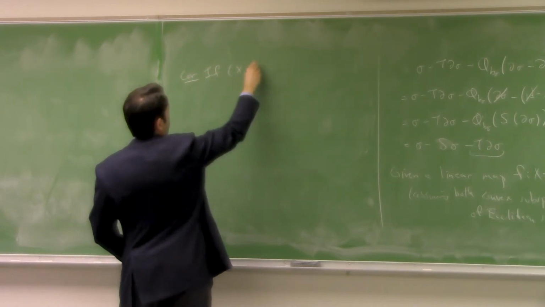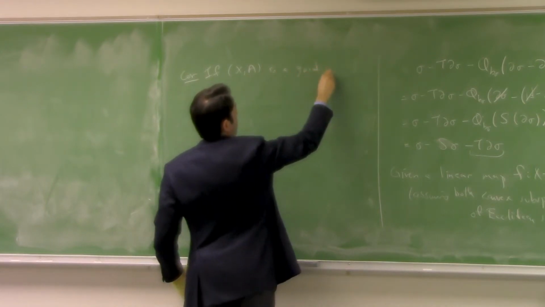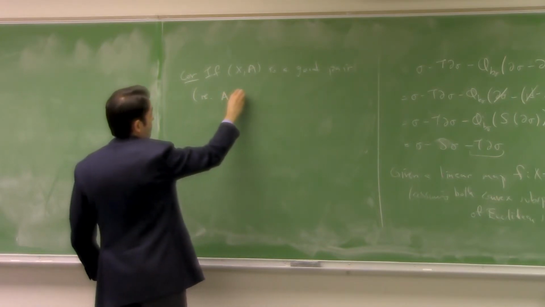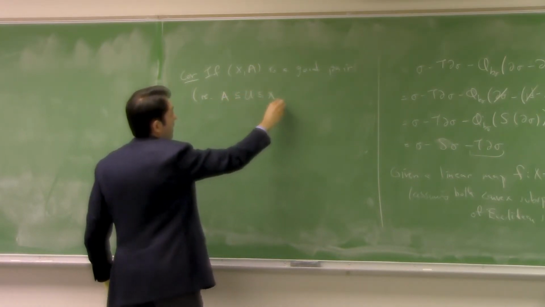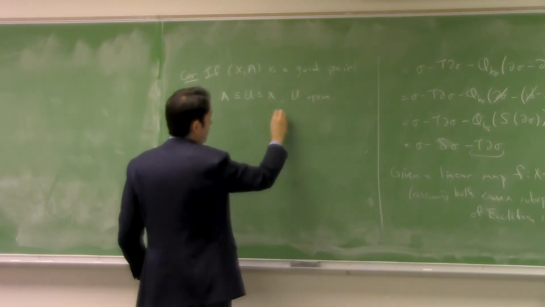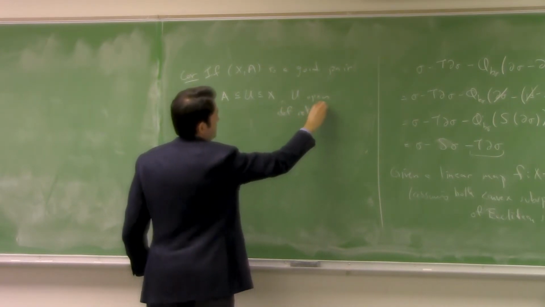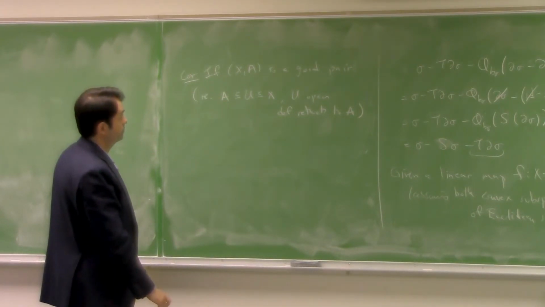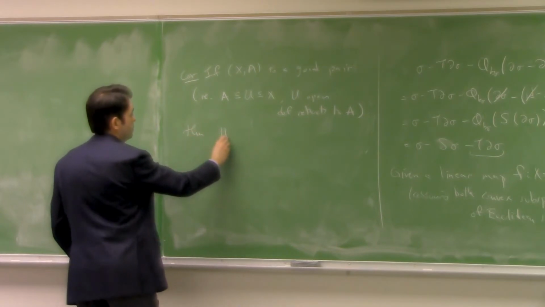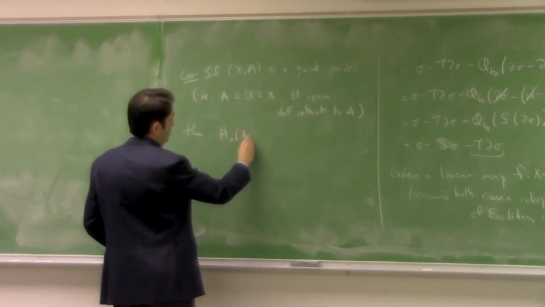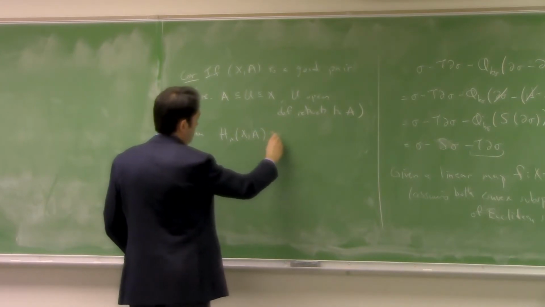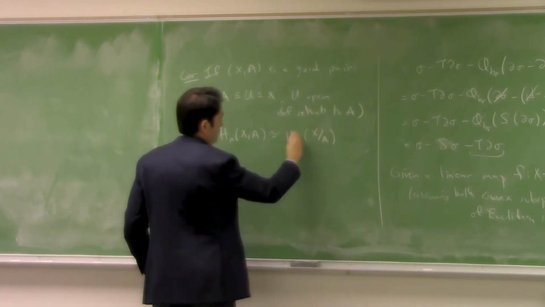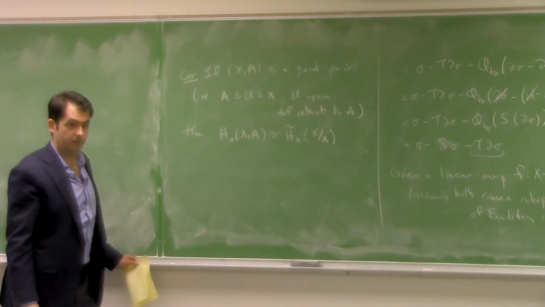If (X, A) is a good pair, remember that means that A has a neighborhood U open in X that deformation retracts to A, then the relative homology groups are isomorphic to the relative homology groups of the quotient space.